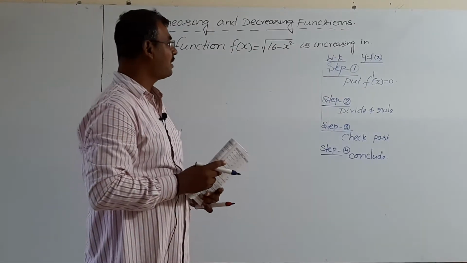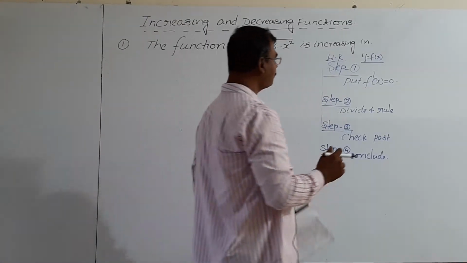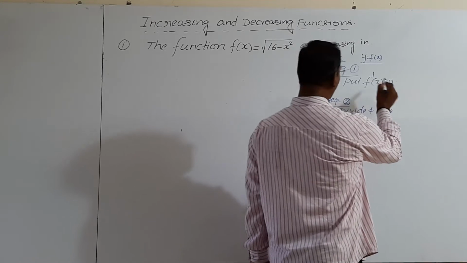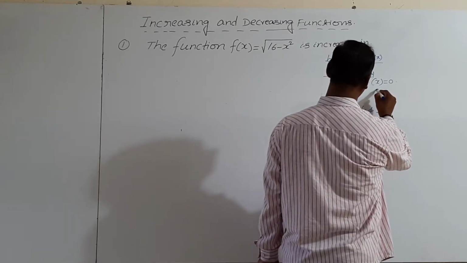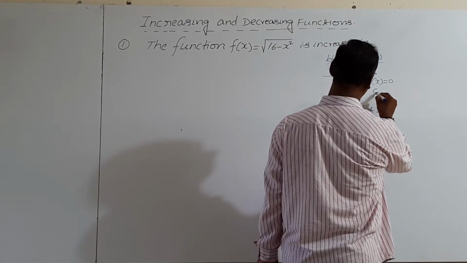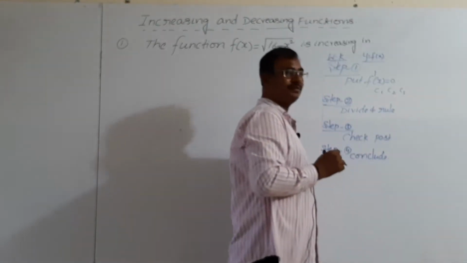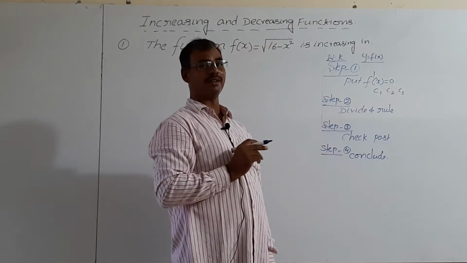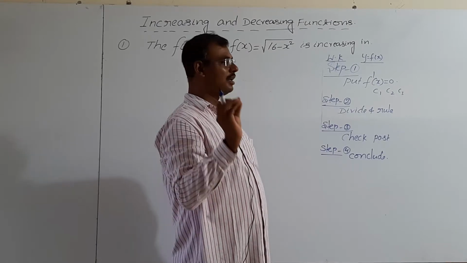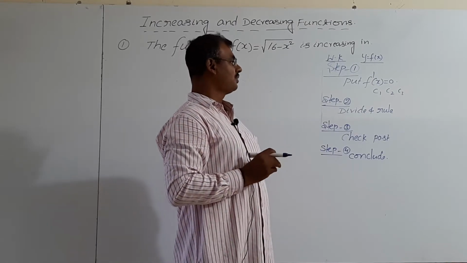Then put f dash of x is equal to 0. By solving this equation, we get the roots c1, c2, c3, or c1, c2, whatever it is.